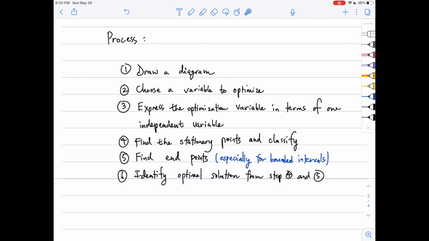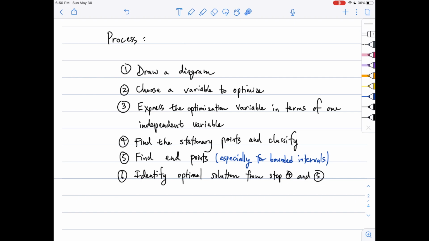Step number 5, speaking of which, is the endpoints. You have to find them, especially for bounded intervals, like intervals that start at one x value and end at another x value. For these, it's even more important to evaluate the endpoints, but you should always be thinking about endpoints.